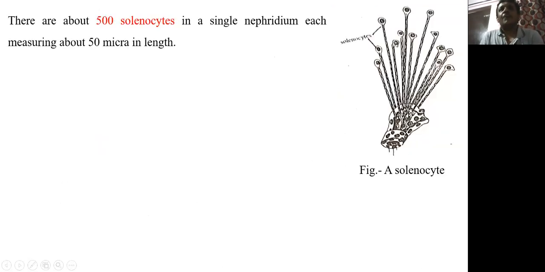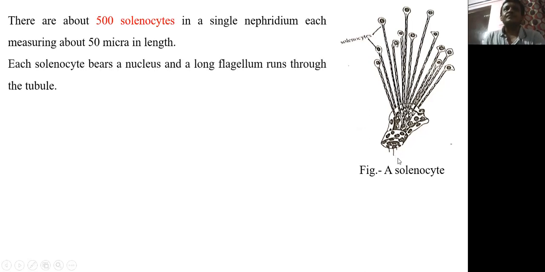There are about 500 solenocytes in each nephridium. That means one nephridium contains approximately 500 such solenocytes. Each solenocyte measures about 50 micron in length.